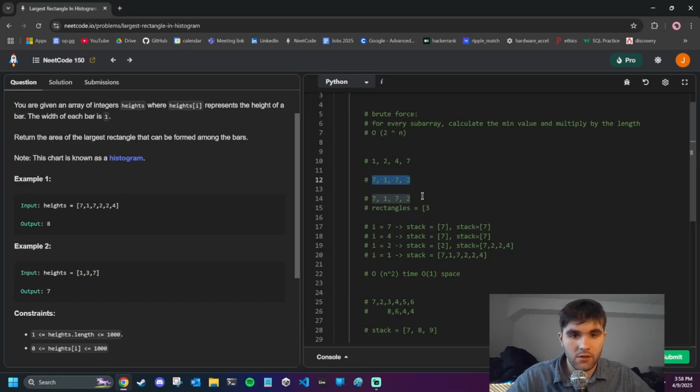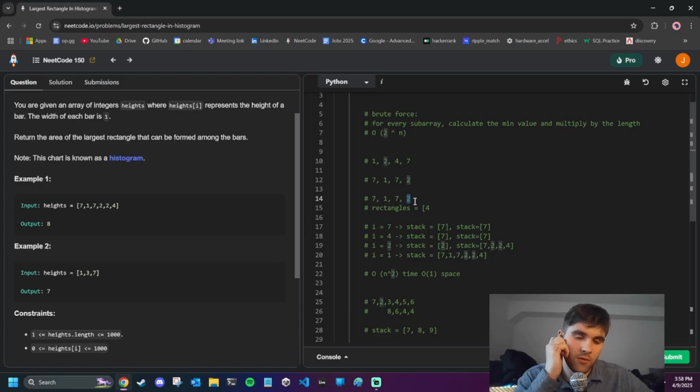This subarray still has 4, but now when we introduce 2, we can use the fact that because 2 is less than 7, this horizontal rectangle is now combined and has a height of 2 and a width of 2.